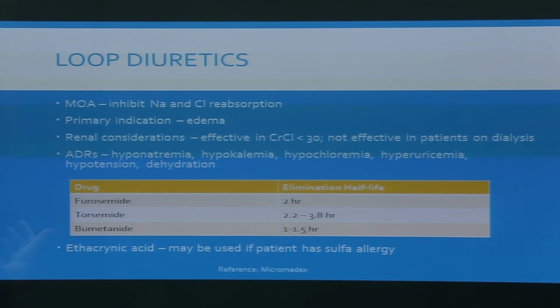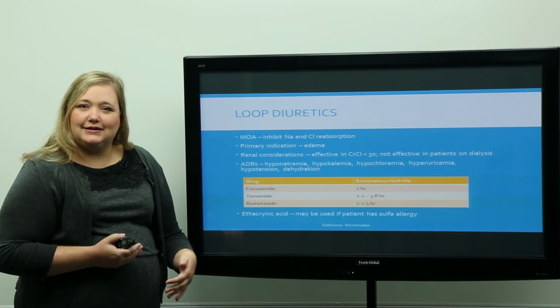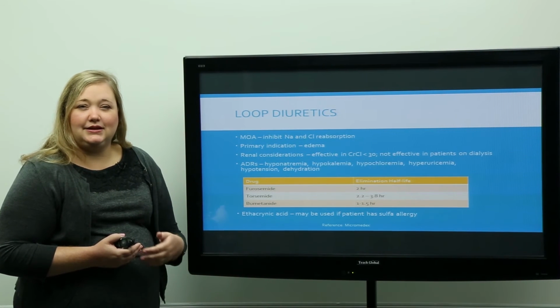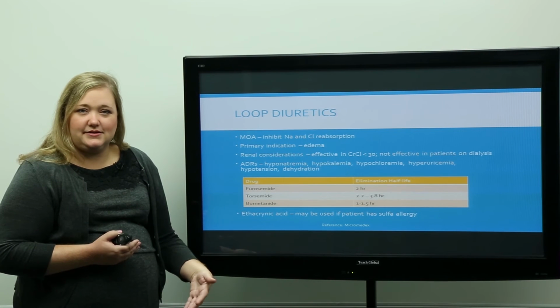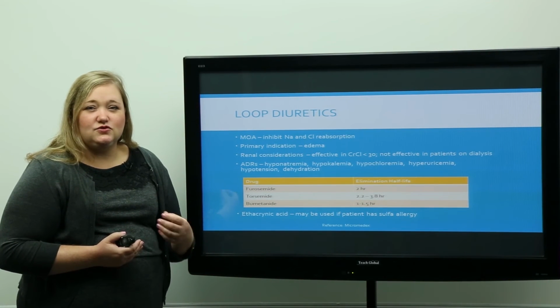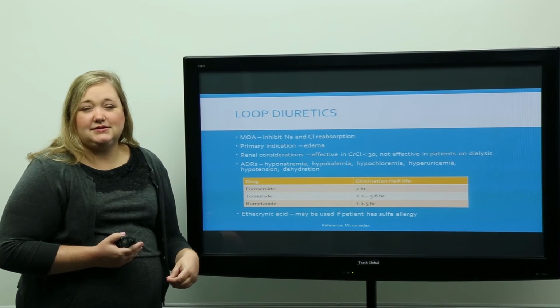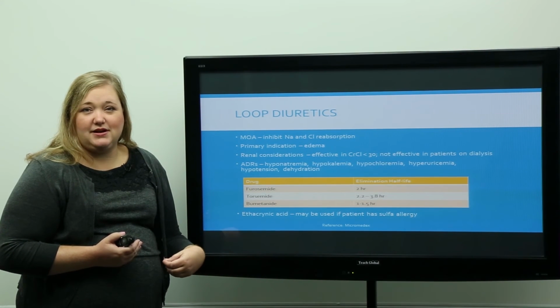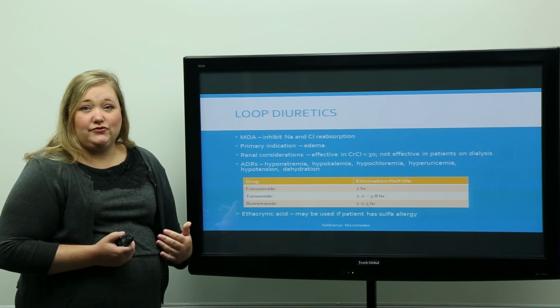So while it would probably be safe to use a loop diuretic in a patient on dialysis, you're really not going to get any benefit. And again, there are some patients on dialysis that do have some residual kidney function, so you will see some patients on dialysis still on a loop diuretic, but those patients are fewer.